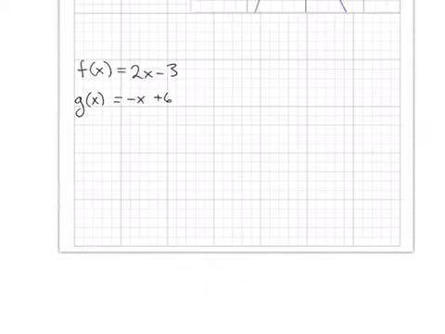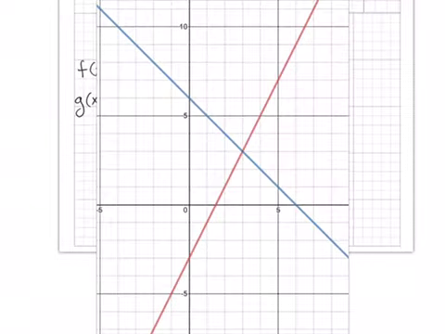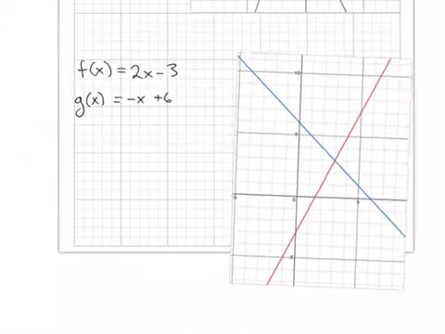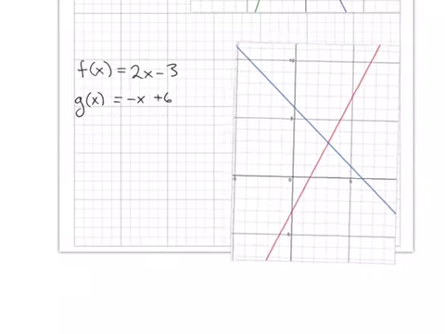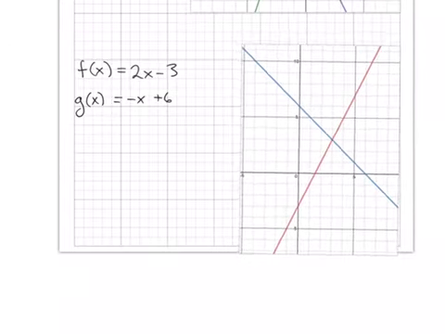And we know that these two functions could have graphs, and that those graphs would be straight lines, because they're in the form y equals mx plus b, and we understand how that type of equation works.